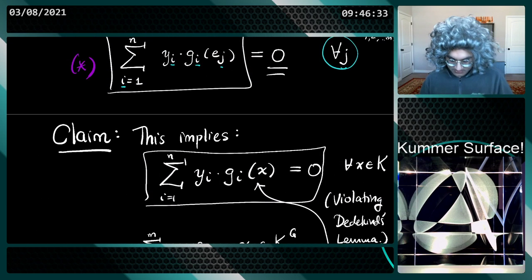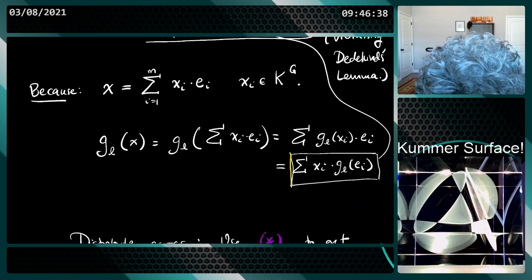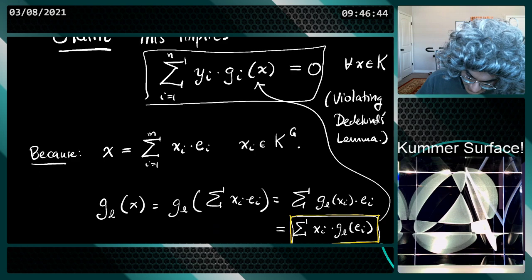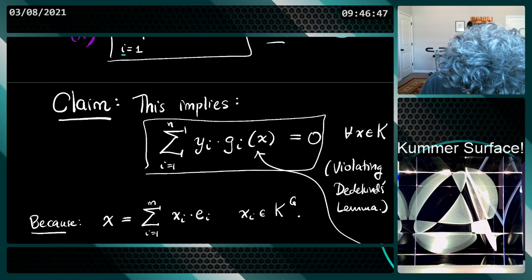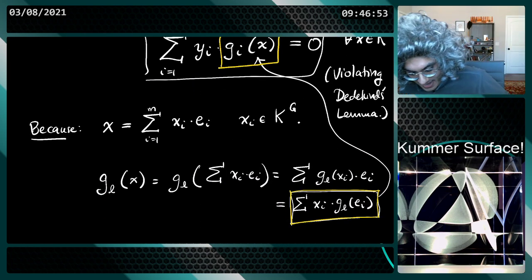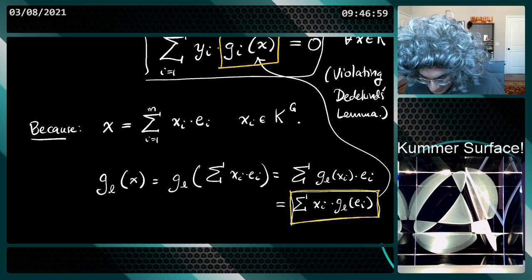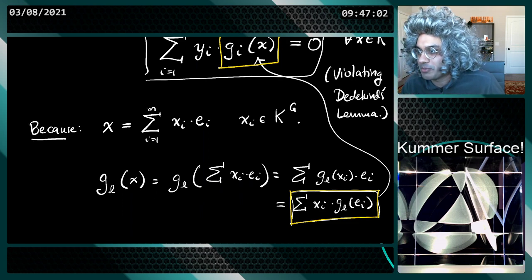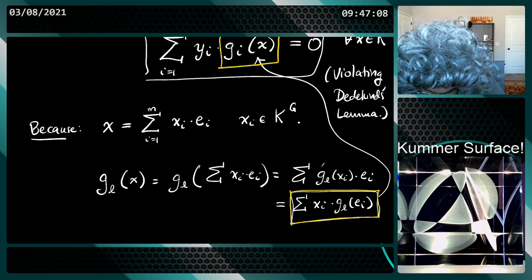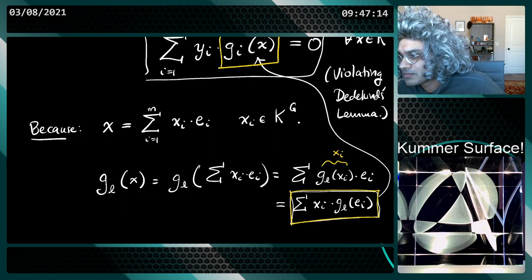Oh, okay. So you place this sum here, and then you distribute. Yeah, but this is x because these are just xi's.